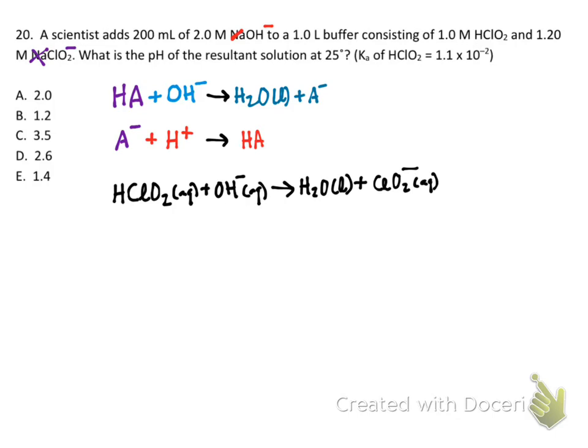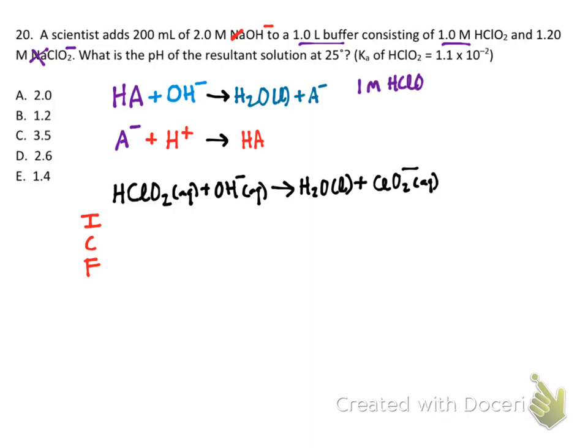Okay, so for any titration, when in doubt, ICF it out. We'll use an ICF table. Plug in the number of moles. So let's do each of these calculations. We have a 1 liter solution of 1 molar HClO2 and 1.2 molar ClO2 minus. I cross out the sodium because the sodium doesn't contribute to the pH here.